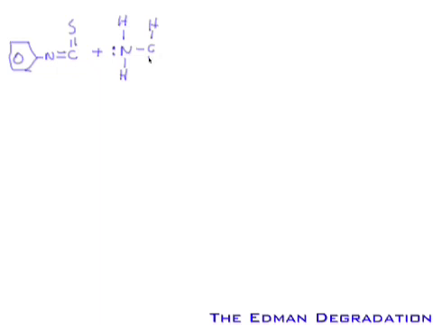And so you have the CH, your R side chain, and a C double bond O, linked to the rest of the peptide. What can happen is the amine can attack the carbon of the phenylisothiocyanate, and the pi electrons can move, producing an N-, and then they can grab a proton.